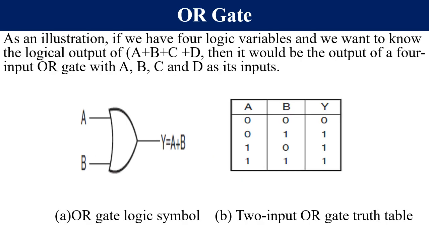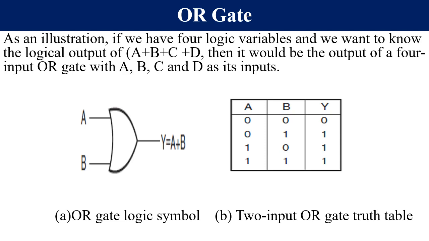Let's go to the truth table of a two-input OR gate. In mathematics, that's the way you count in binary. 0, 0, you get a 0. 0, 1: you can refer to the schematic or the analogy circuit of an OR gate. If A is off and B is on, the output Y will be 1.